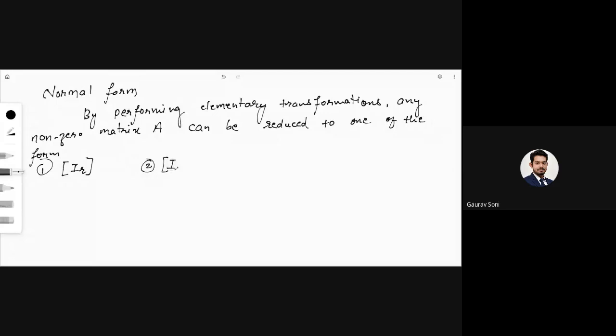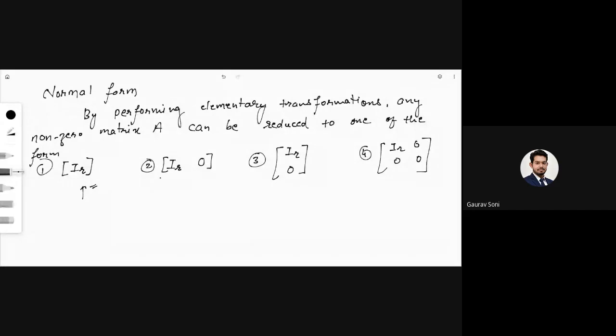Second, [I_r, 0]. The third type which we can get is [I_r; 0], and the fourth one is [I_r 0; 0 0]. So any of the four forms, we can convert any matrix to roughly an identity matrix, and I will get one of the forms, and whichever it is, if it is the first one, then I'll say the normal form of the matrix is this.